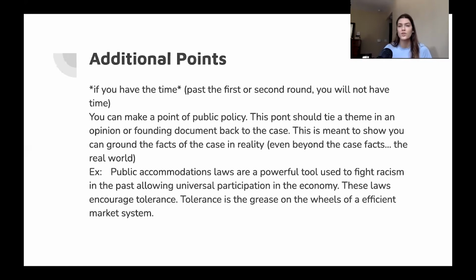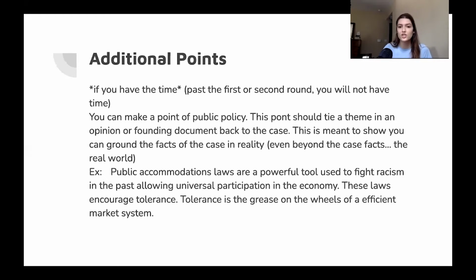This is where you can kind of paint a greater picture of your argument, say how this rule would apply to reality, not just the case facts in the record, but the real world, how a ruling in this case would affect the real world. So I put an example here from last year's case.